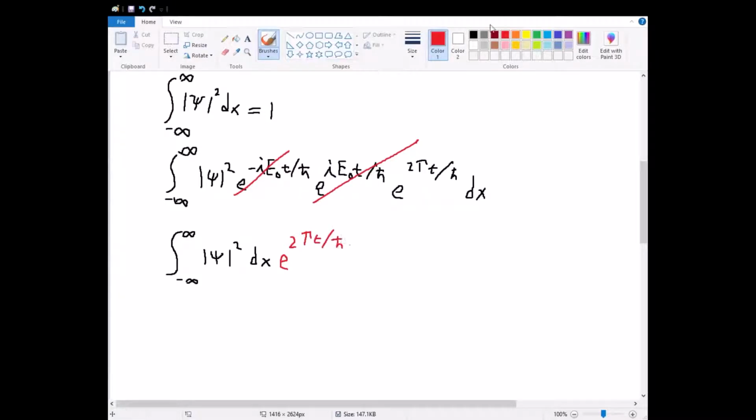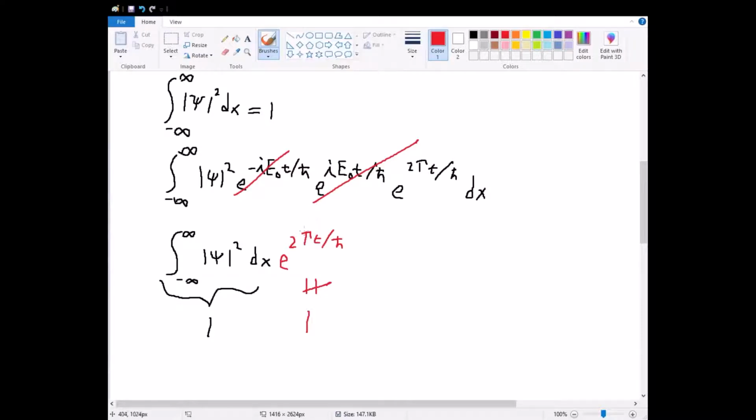We can move that out of the integral because it has no x dependency. From here we've basically finished our proof, because this would automatically go to 1. However, it does not go to 1, because e to the 2 tau t over h bar only goes to 1 if the constant tau is 0, since then you have e to the power of 0, which is just 1.